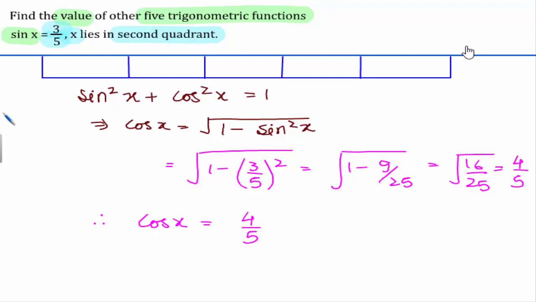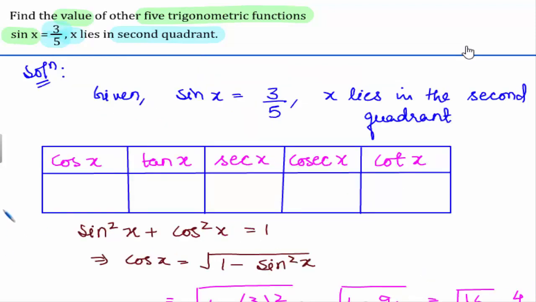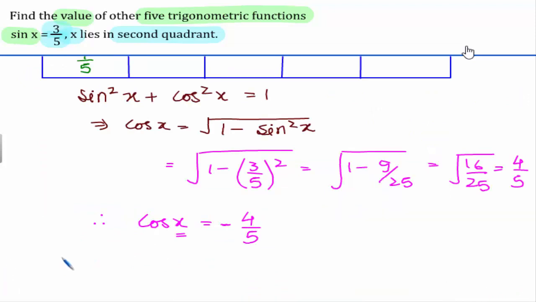Now we are given that x lies in the second quadrant, and we know that in the second quadrant only the sine function and cosec function are positive. Therefore here cos x is negative, and thus we can write the value of cos x as minus 4 by 5 here in this table. Now let us find tan x.